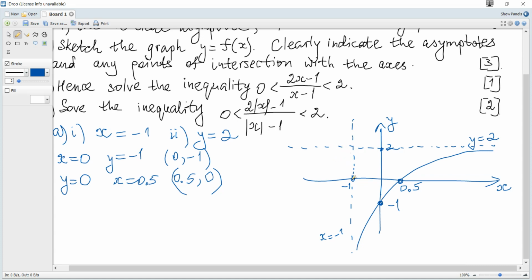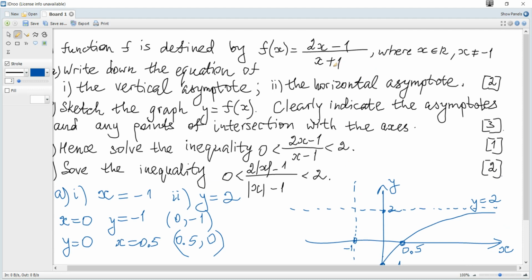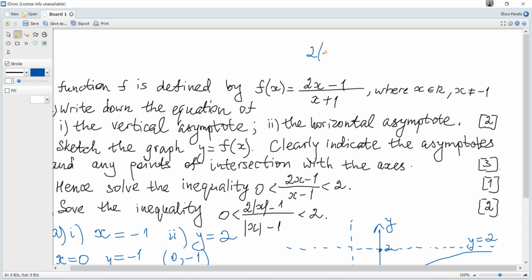And for x is less than -1, we actually can take any point, for example -2, and for x is -2, we get 2 times -2, -1, -2 plus 1, which is -5 over -1, which is 5.